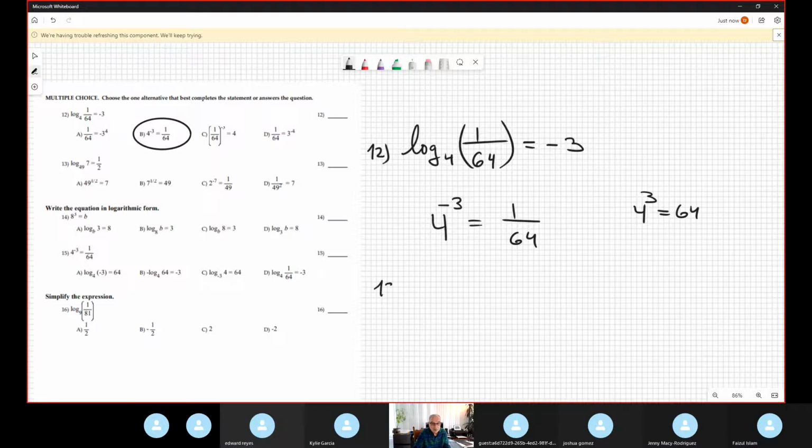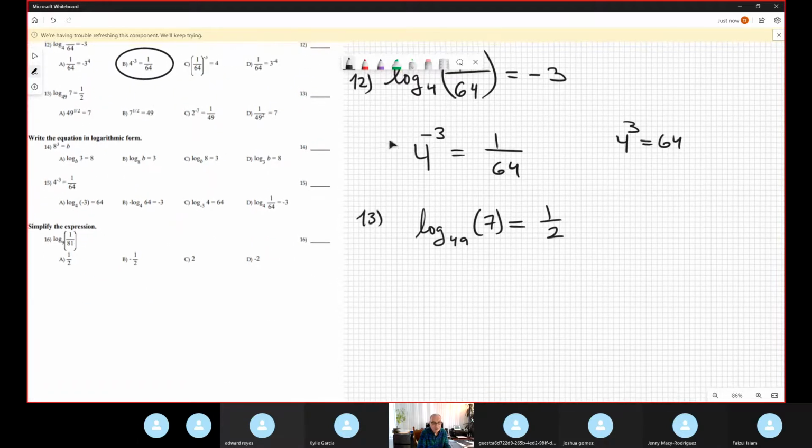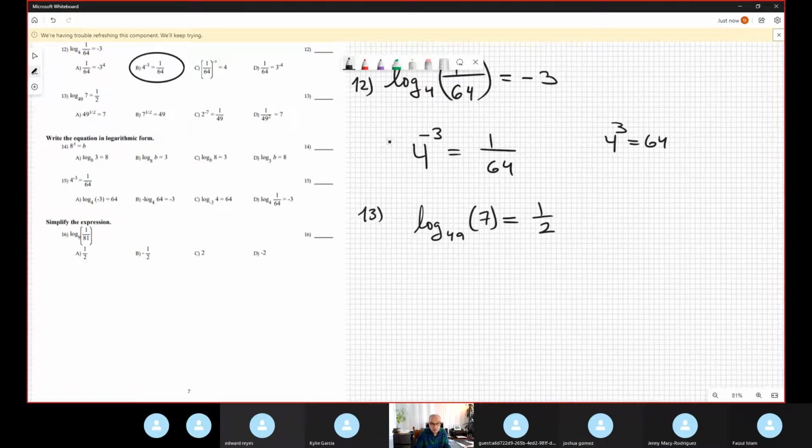Number 13 is similar. It's logarithm base 49 of 7 inside the argument of the logarithmic function is equal to 1/2. When you convert to exponential, the base is 49, the exponent is 1/2 equals 7. And this statement is so obvious, that's true, because the exponent fraction 1/2 is equivalent to the square root of 49, no?